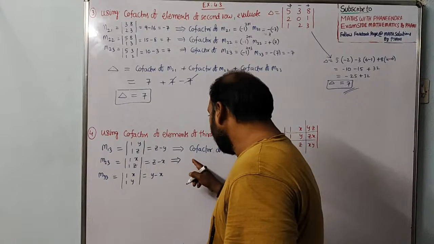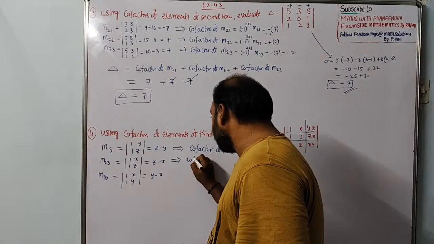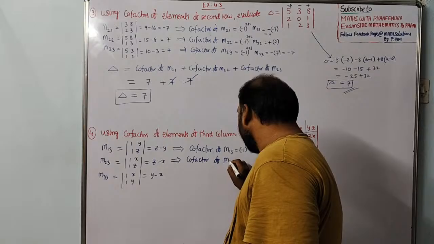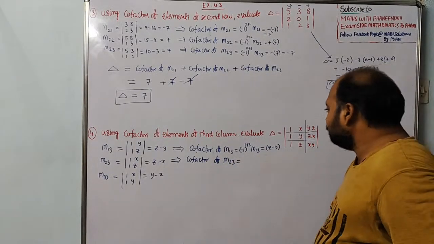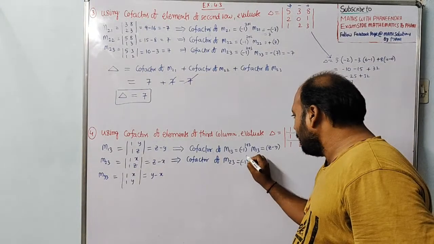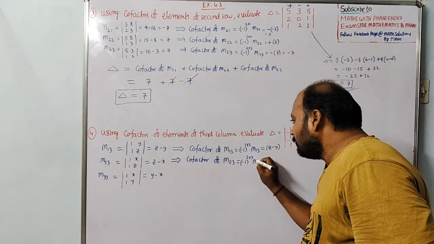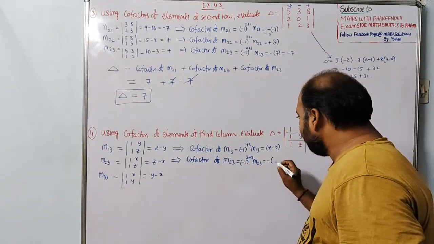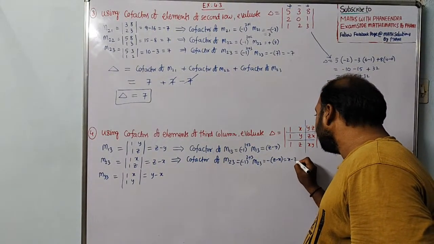Next, cofactor of M23 is equal to minus 1 whole power 2 plus 3. It is an odd number, so minus (z minus x). So it will be x minus z.